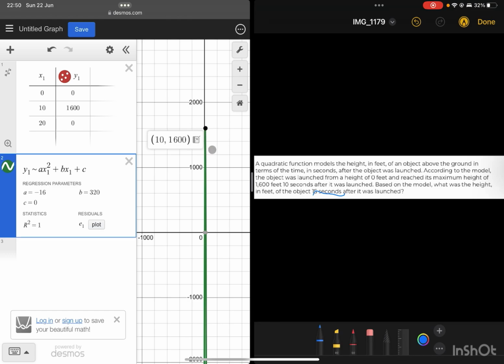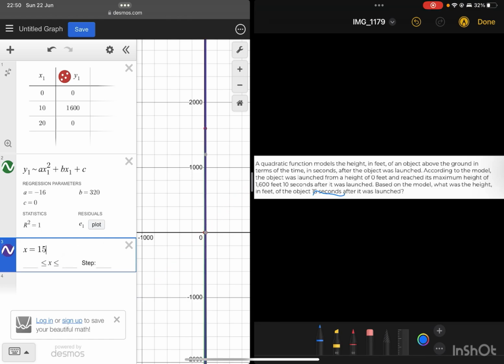It's the maximum height. So we gotta find out what was the height in feet of the object 15 seconds after it was launched. So we're gonna plug in x equals 15. And we're gonna just click over here, which is 1200 feet, which is the answer for this question.